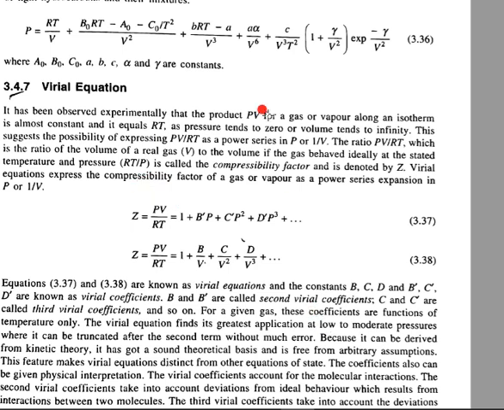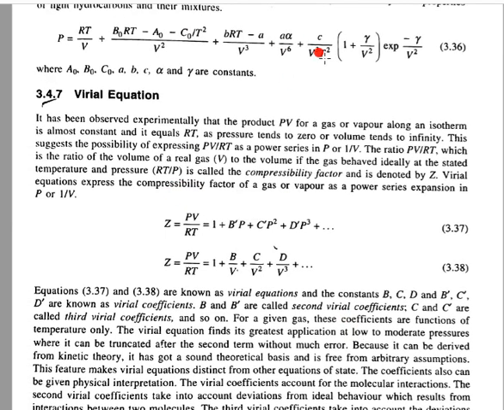Virial equation of state: it has been observed experimentally that the product of P and V for a gas or vapor along an isotherm is almost constant and equal to RT.